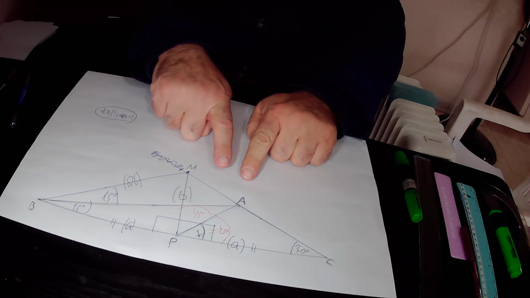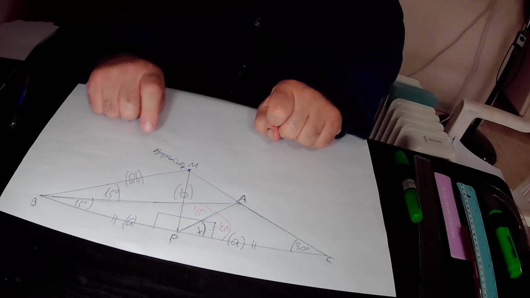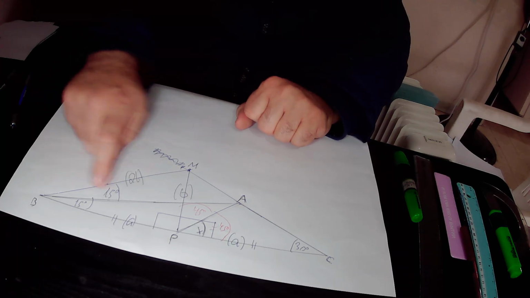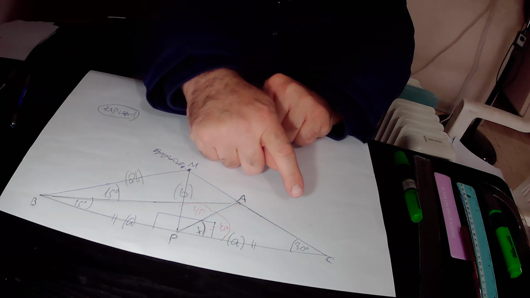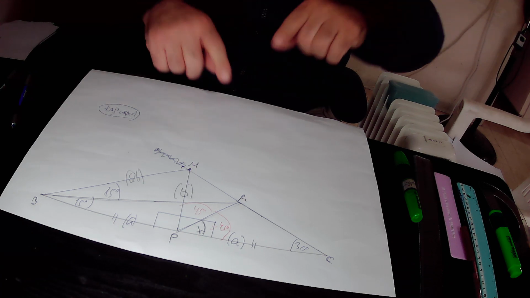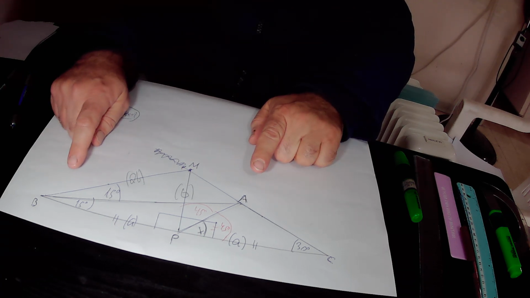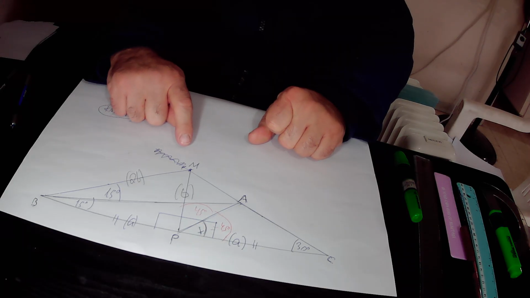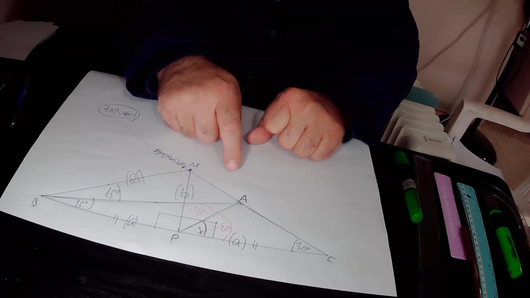Therefore, angle bisector AB divides the sides of this triangle proportionally. That is to say, MB over BC equals MA over AC.